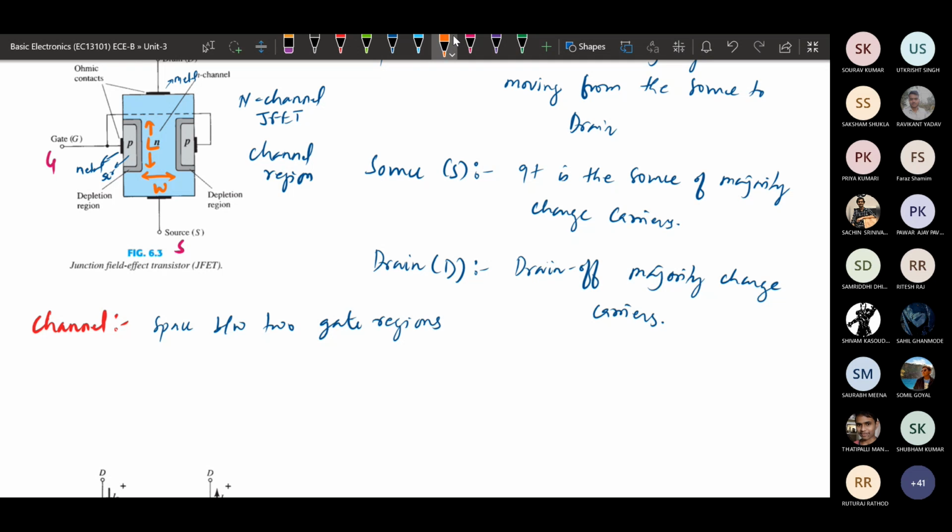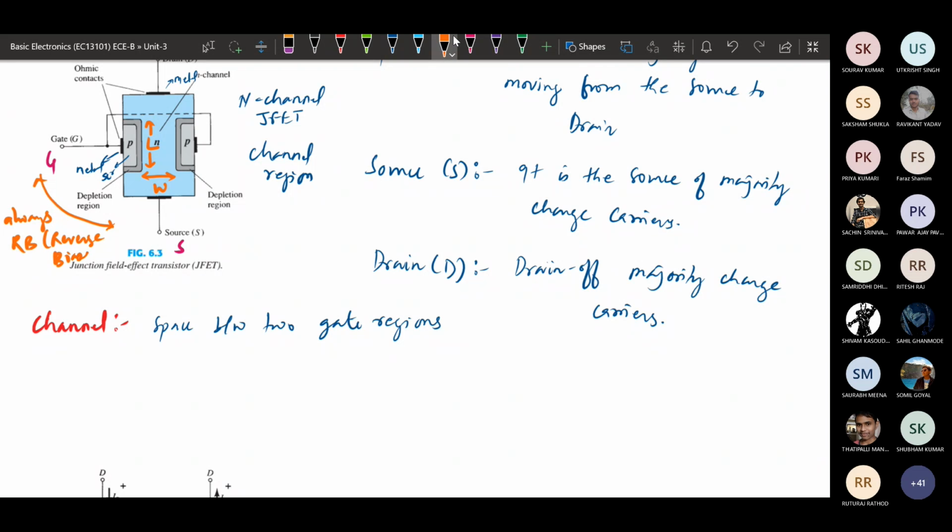Also there is a region defined called the depletion region. In the case of a JFET, the gate to source terminal is always reverse biased.